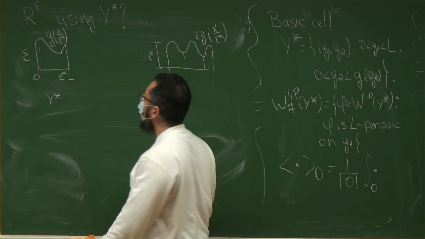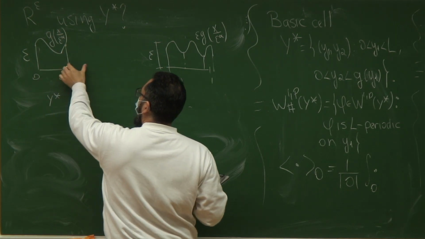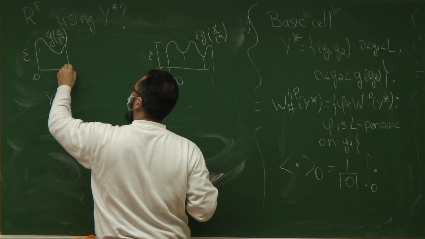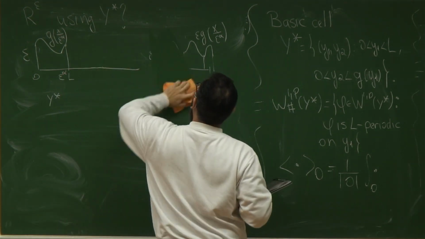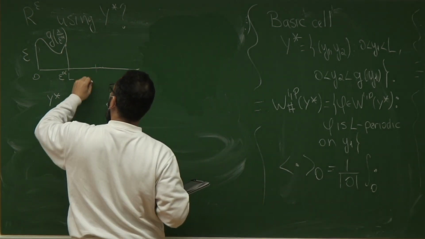So you can make copies in the horizontal direction, and you will be able to generate the R epsilon somehow like this.